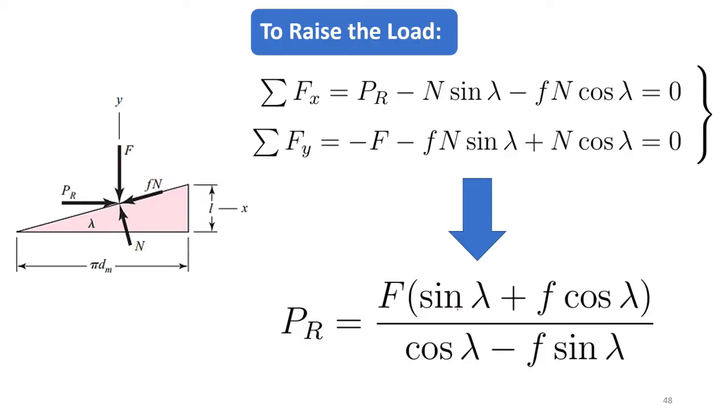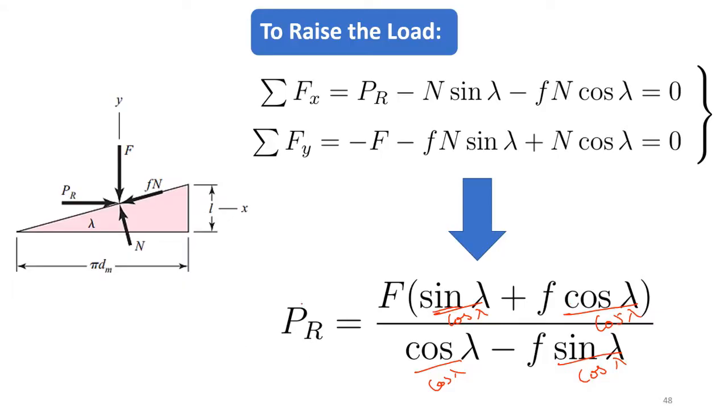So for instance, over here, we divide this by cos lambda, and this one we divide by cos lambda. Then these two we divide by cos lambda, and over here we do the same thing.